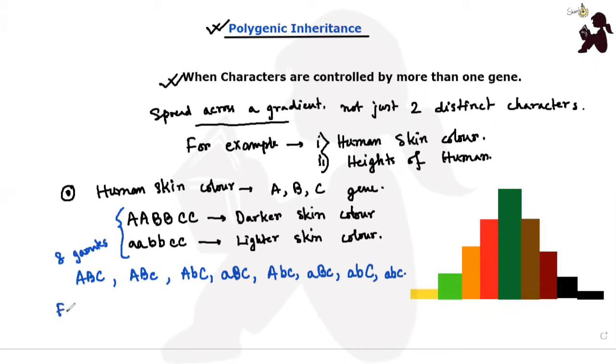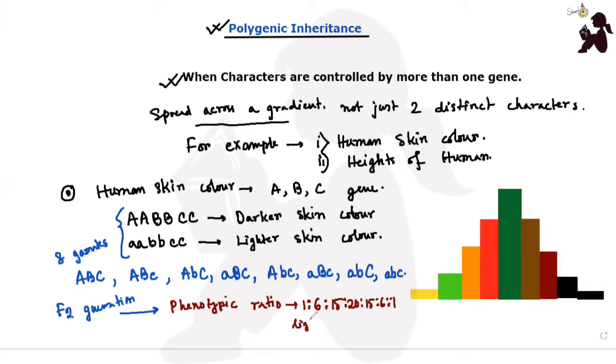In the F2 generation of humans, the skin color will be in the phenotypic ratio of 1:6:15:20:15:6:1, and this will move from the lighter to the darker.